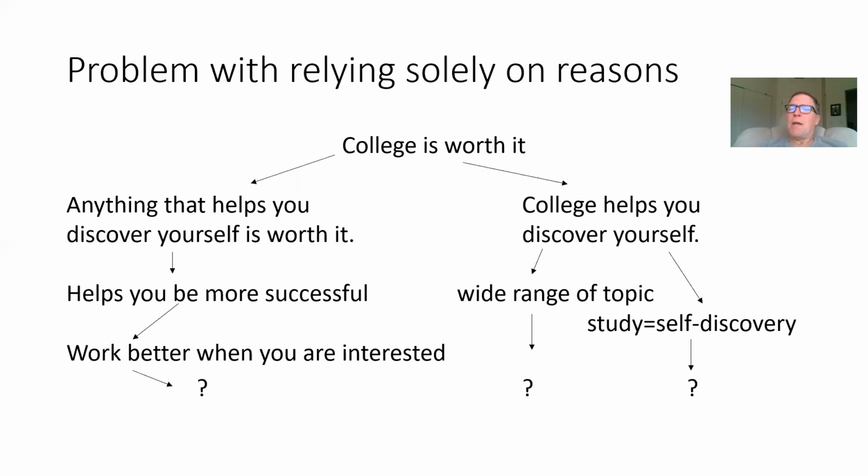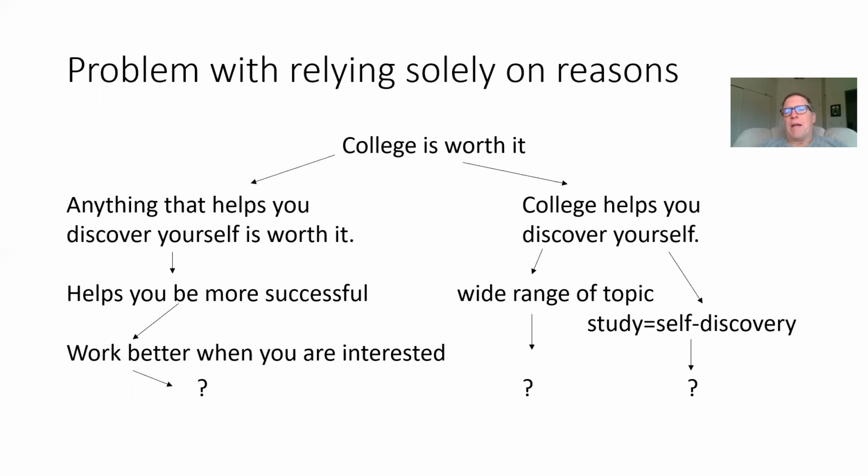And I'm sure sometimes you lie awake at night and your thoughts just go on forever, right? So that happens. So that's the problem with relying solely on reasons. Ultimately, you've got to have hard, solid facts at the bottom of your argument that ground the argument. And this is what we call evidence.